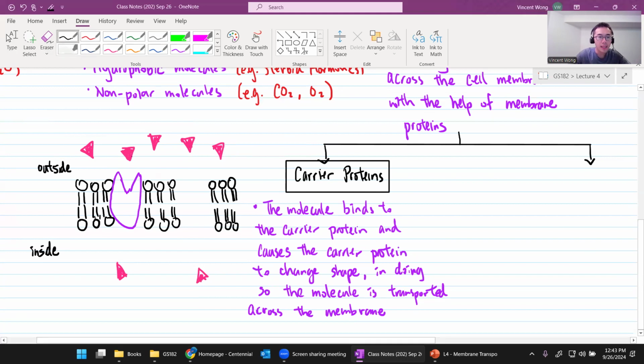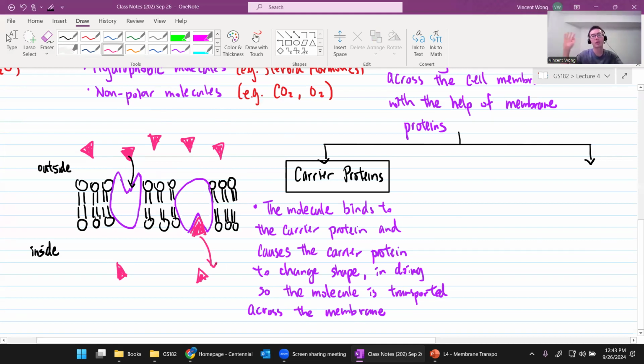And what's going to happen is it will bind to the carrier protein, it will grab onto it, and then it will cause the protein to change shape. So instead of opening outside, now it's going to open inside, right? And then in doing so, oops, wrong color. In doing so, the material will now be transported across the cell membrane.